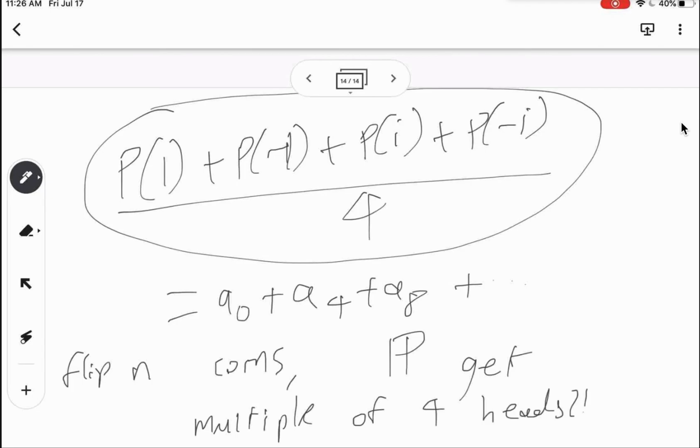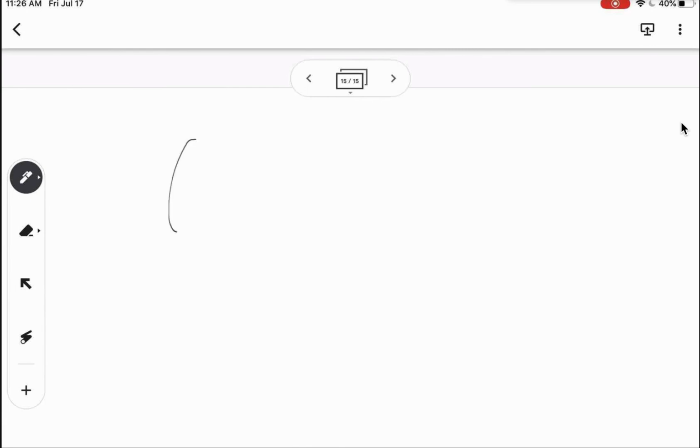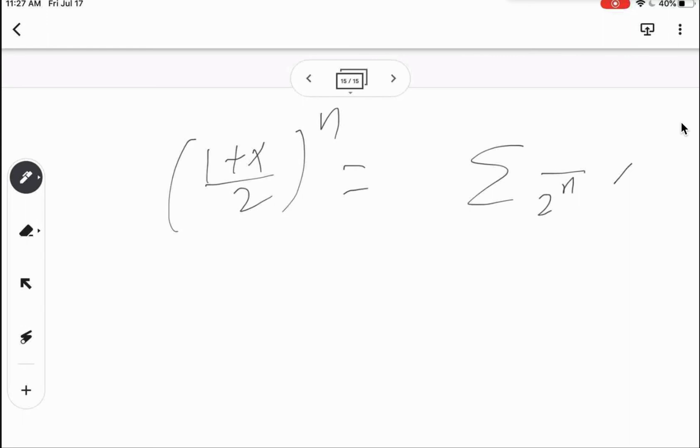The generating function would be (1 plus x over 2) to the n, which equals the sum over 2 to the n, x to the i, n choose i, where i goes from 0 to n, right?